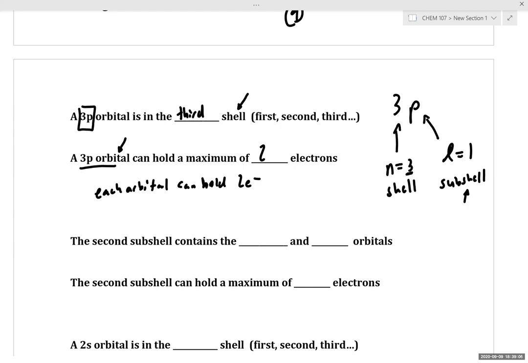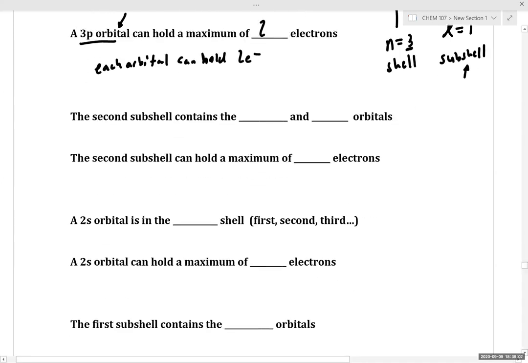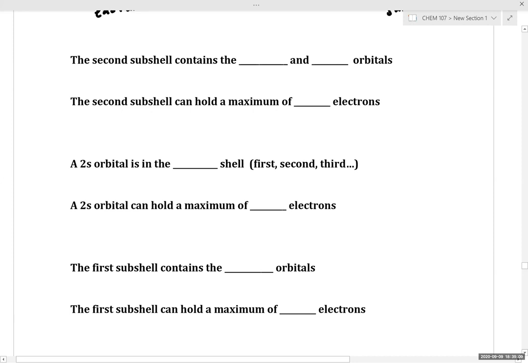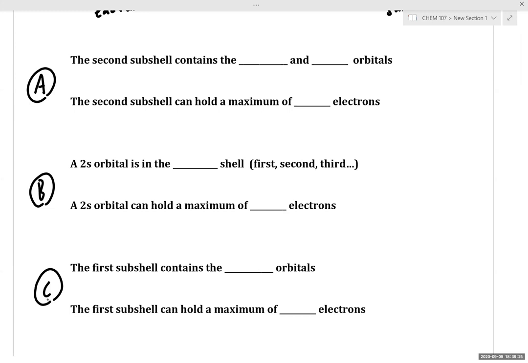So what I want you to do now is play a bit of a fill in the blank game for each of these 3 problems. I'd like you to share your responses for each of these fill in the blank comprehension checks in the chat. If you have any questions, don't be shy to ask them in the chat.